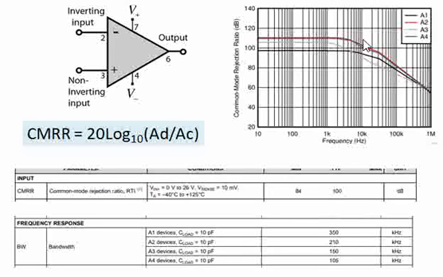Now the major problem for design engineers is what a good value of CMRR is. Some data sheets mention that CMRR is 75 dB, some mention 90 dB, some mention 100 dB. But what is good actually?